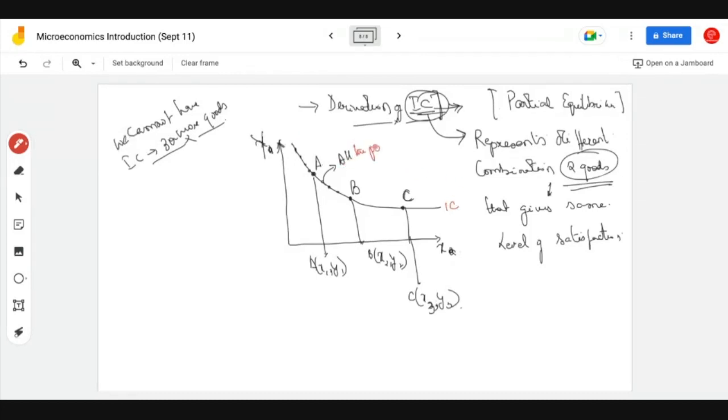All the points represent combinations. Okay. And what kind of combination? That gives the same level of satisfaction. Now you might ask how is this possible?